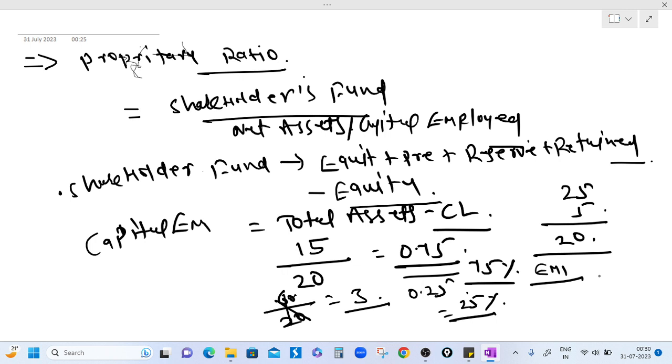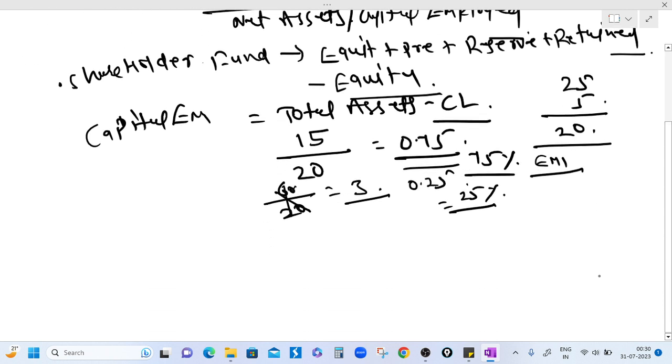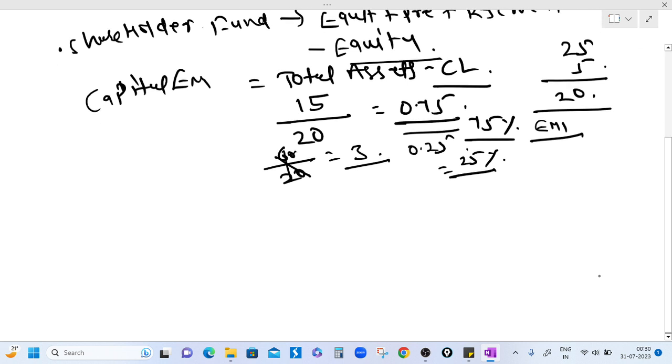In that situation the business may get shut down at any point in the future. That is why this proprietary ratio is very important. If it is more than 50%, that business is considered a good business.